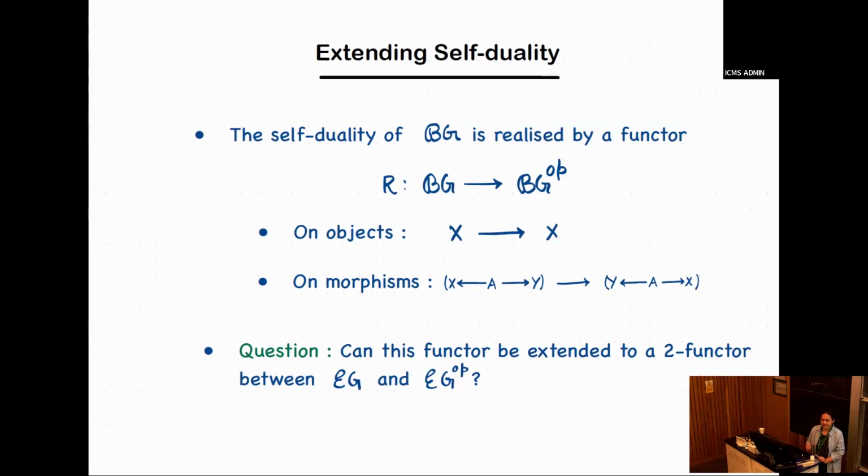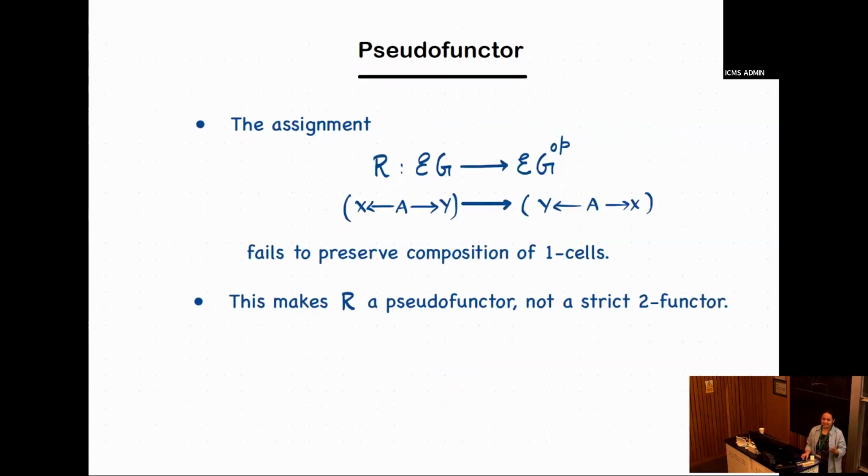Now the question is, can this functor be extended to the Burnside 2-category? The answer is no, but it fails only a little. It's not a strict 2-functor, it's a pseudo functor. It fails to preserve composition of 1-cells, so this makes R a pseudo functor, not a strict 2-functor.